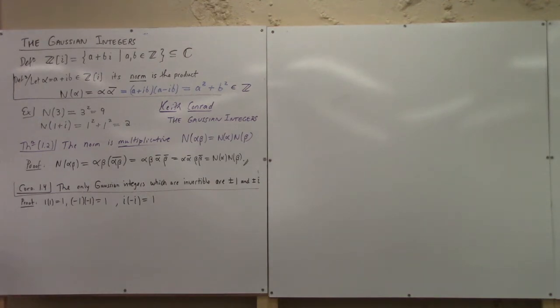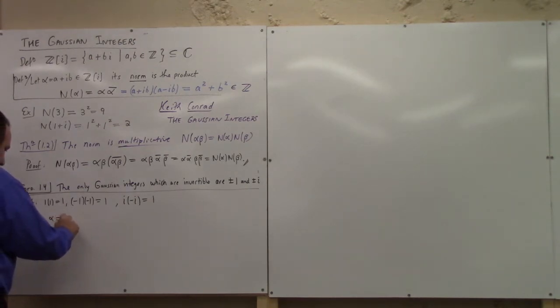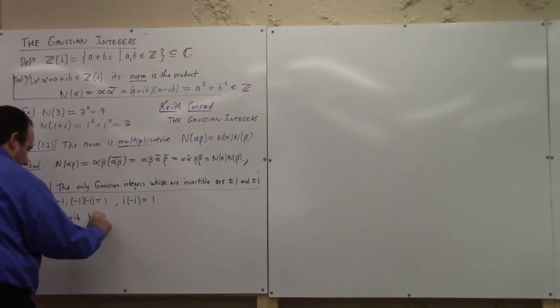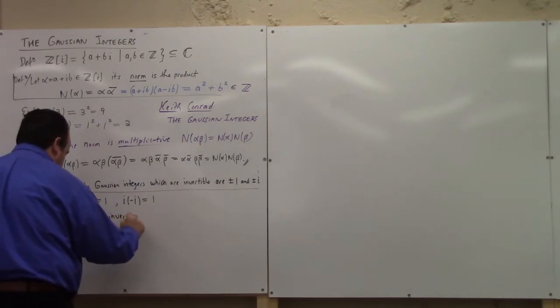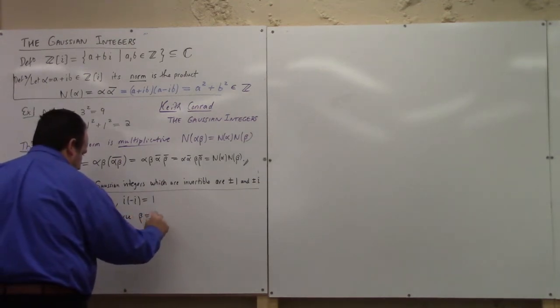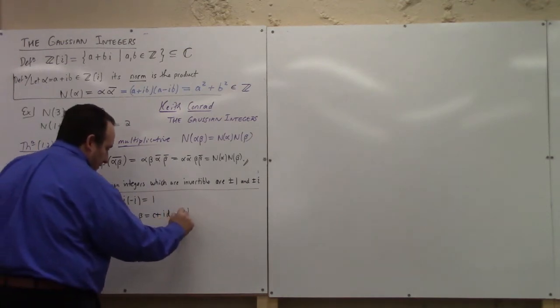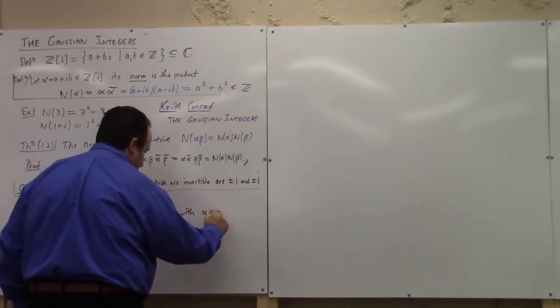The inverse of 1 is 1, the inverse of minus 1 is itself, the inverse of i is minus i. Now the claim, though, is that's it. So the converse direction: suppose alpha equal to a plus ib has inverse beta equal to c plus id, with alpha beta equal to 1.